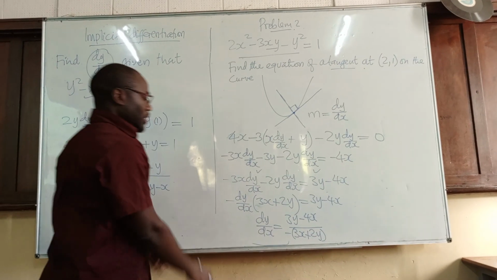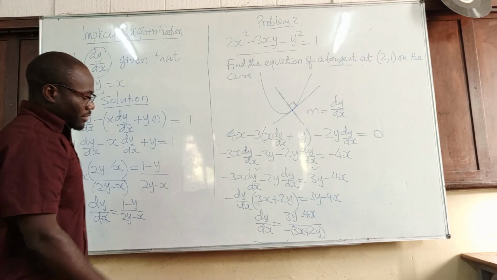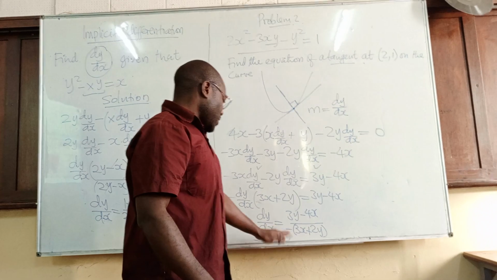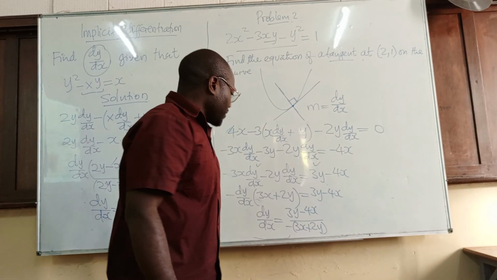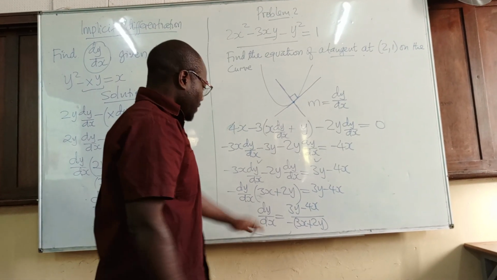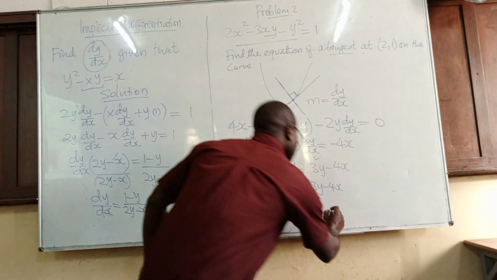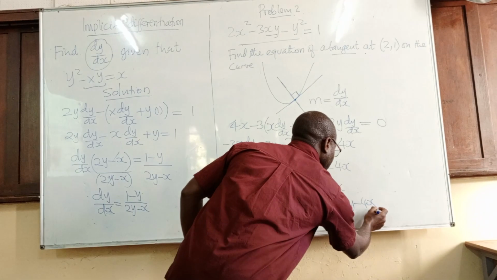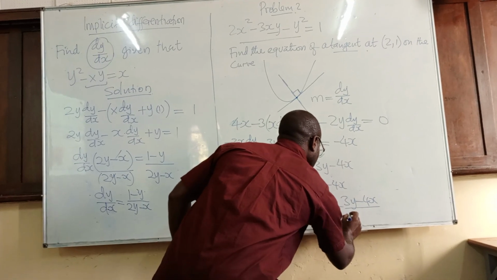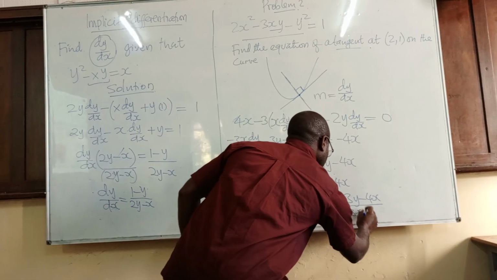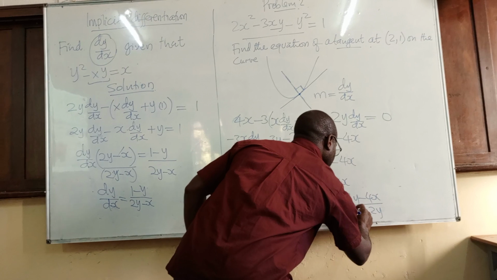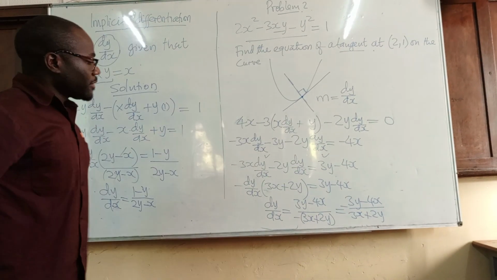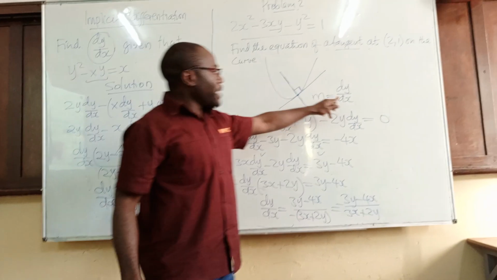So that is the result that we have. If you want, you can write it further, but even the way it is, it's still okay. You can write it nicely as 3y minus 4x, all divided, I put a negative there, by 3x plus 2y. So this is the expression for the gradient m.